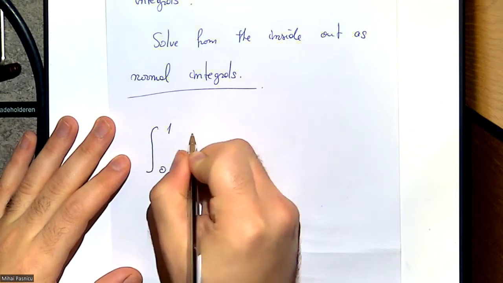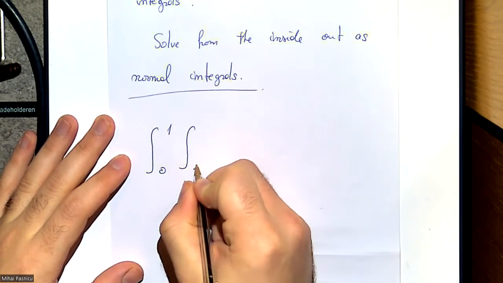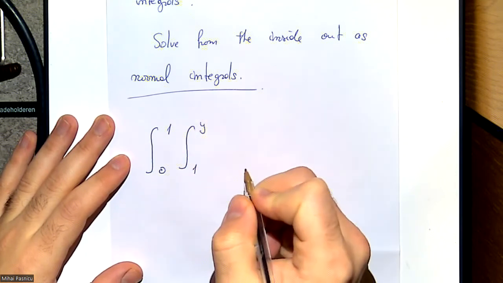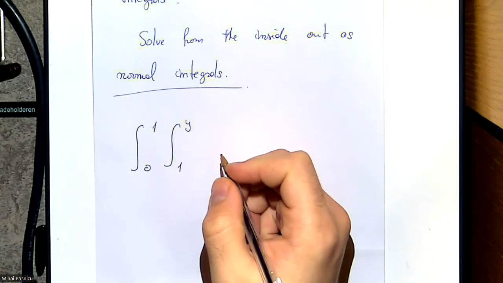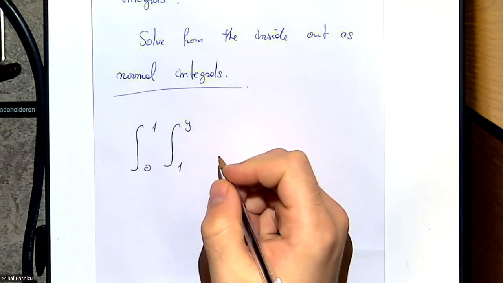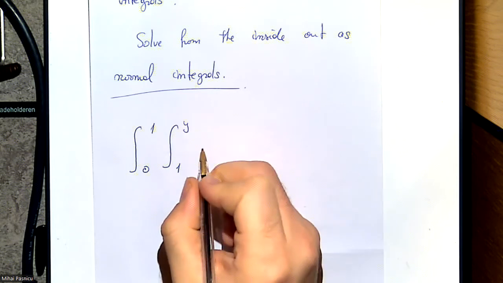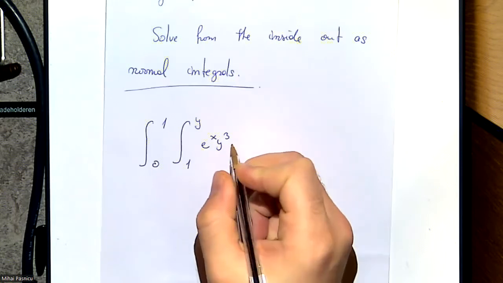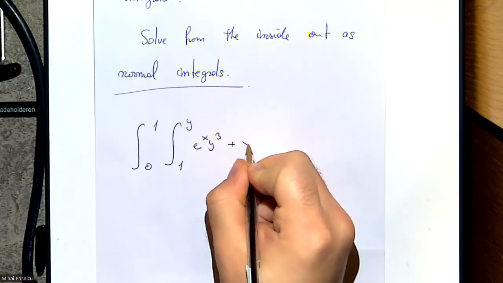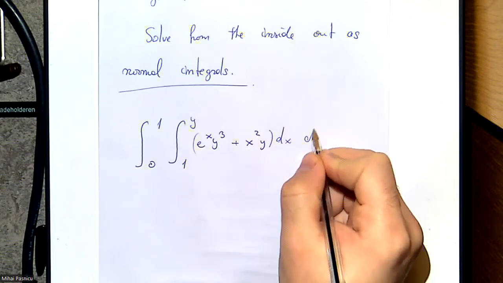So 0 to 1, and then I'll take 1 to y. So that looks about right. And then let's take some creative integral here. I actually like the previous one, so let's use the previous one: x squared y dx dy.